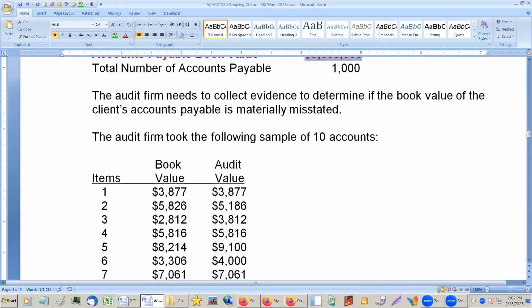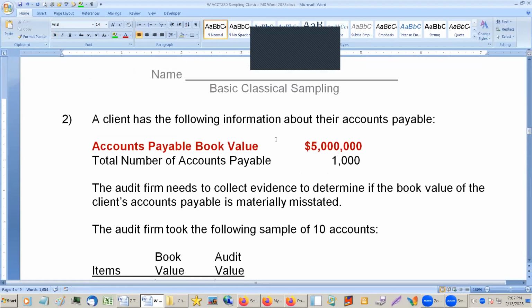What we're basically doing is statistical sampling to corroborate what the client has there. They say that they have 5 million in accounts, and we want to see if that is a reasonable number, or if it's possibly misstated, and if it's misstated, is it materially misstated? So that's kind of the whole point.